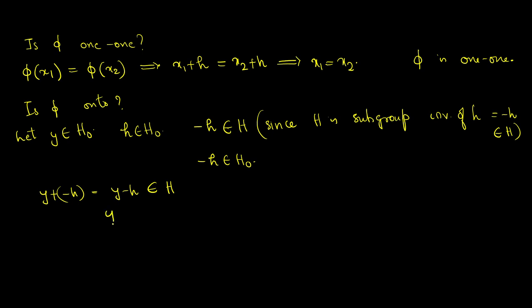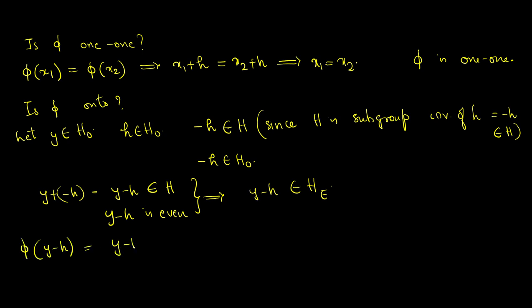And y minus h is even, so together we have that y minus h is in HE. So consider phi of y minus h. This is going to be y minus h plus h, which is going to be y. So take any element in the codomain, it has a pre-image.